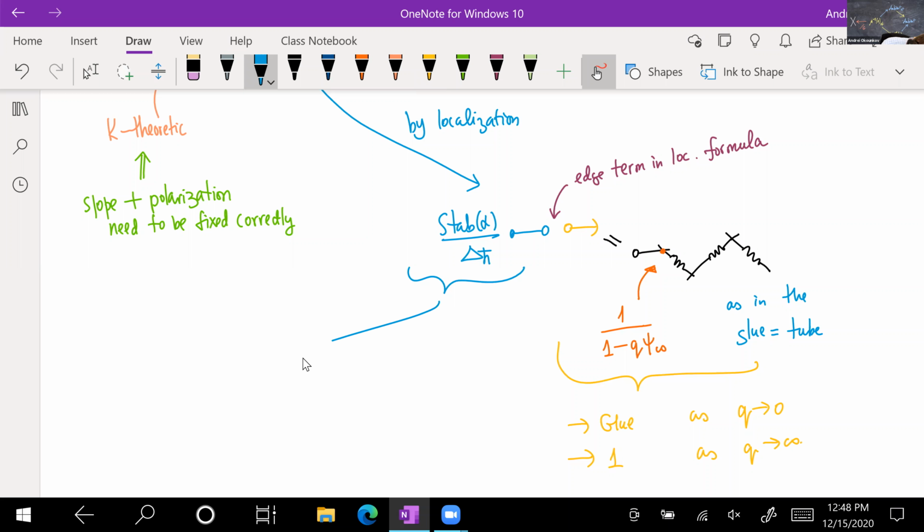So about this, we have to show that this goes to, the limit we want, just alpha as q goes to 0 and something bounded as q goes to infinity.